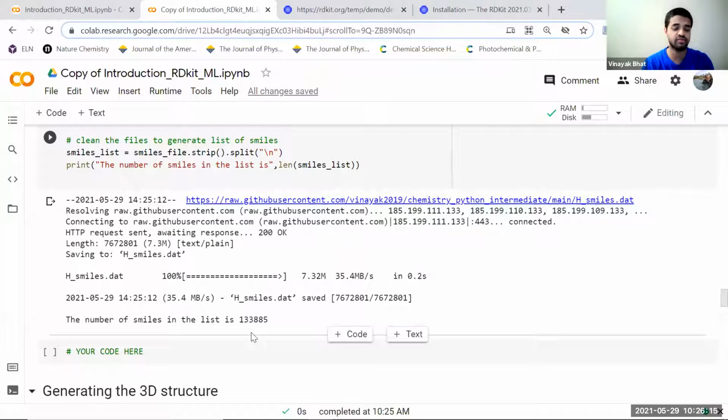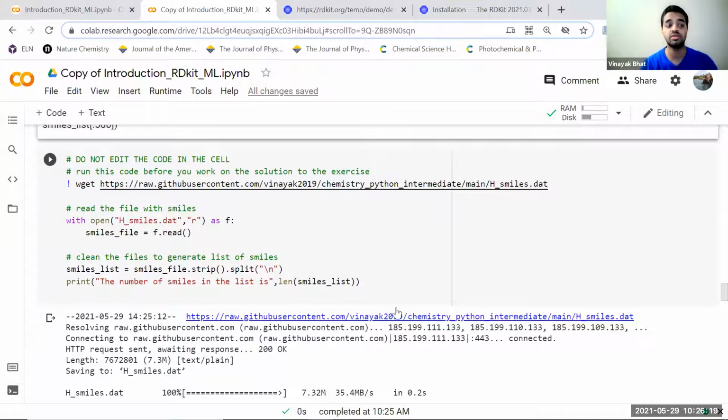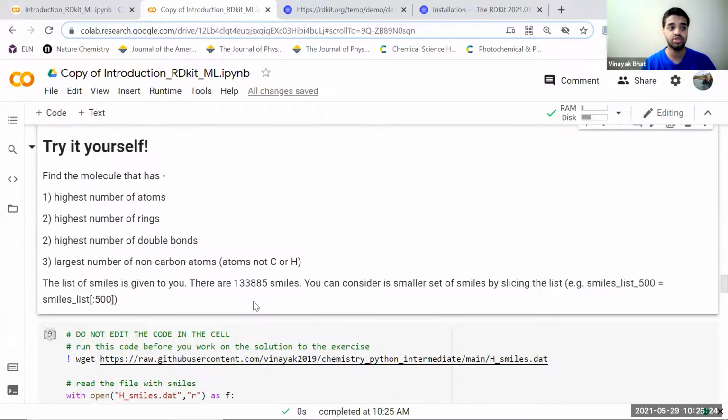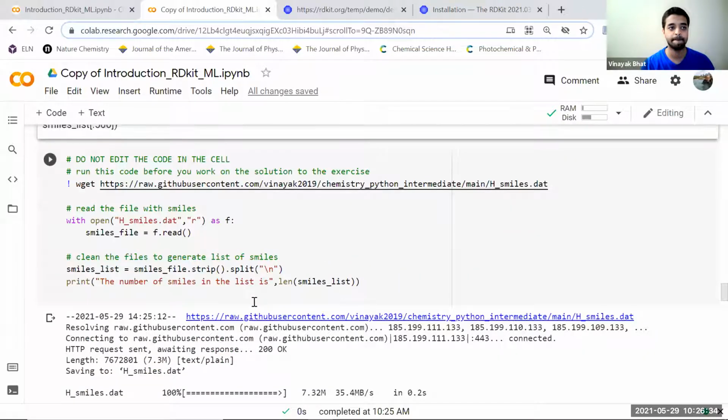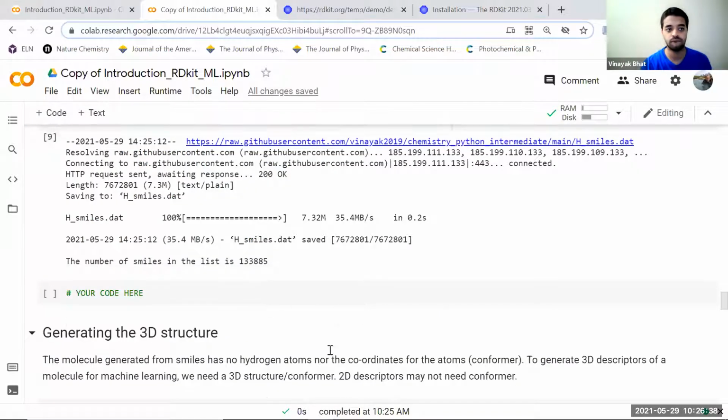We'll spend about 5 minutes on this so that you are familiar with creating molecules and then doing some manipulation, accessing the atoms and bonds. If you have any questions, do let me know.